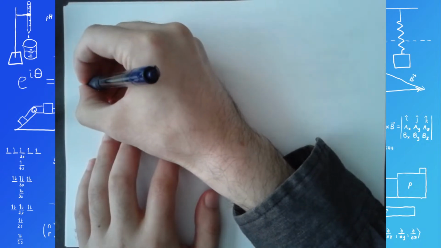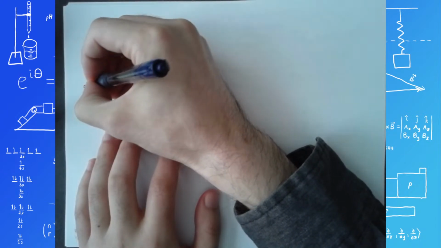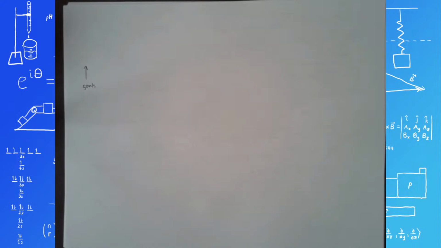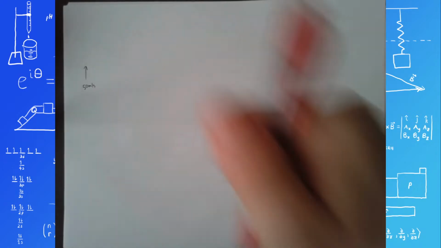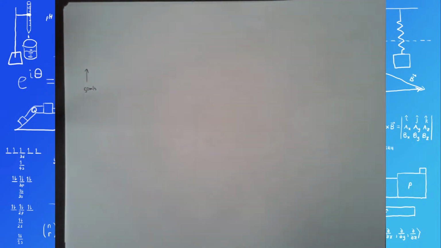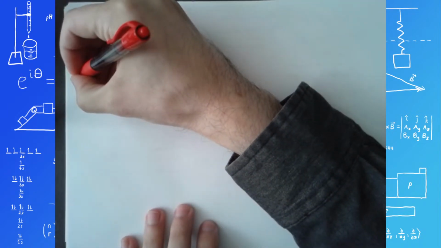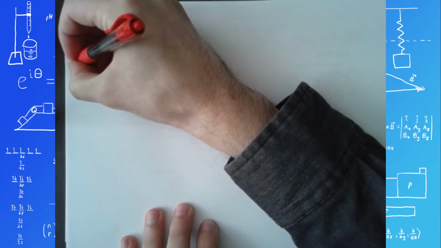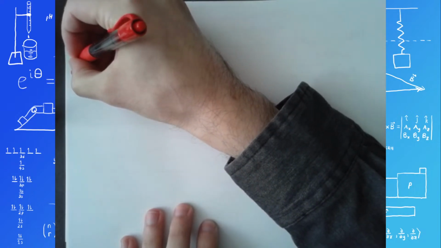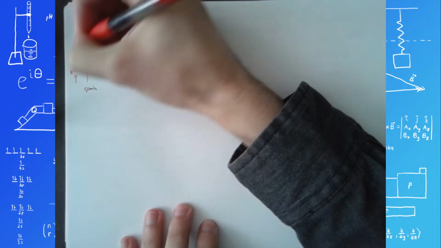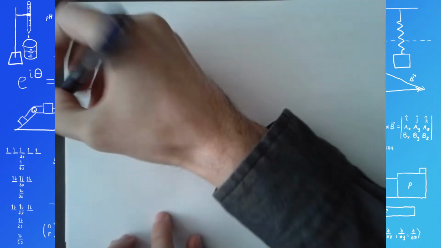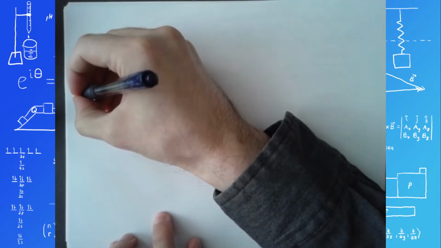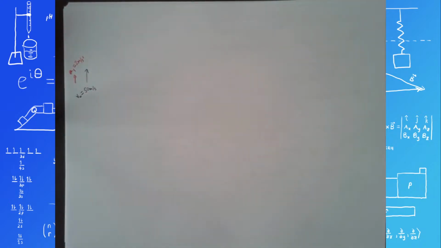So launched at 50 meters per second with an acceleration. I guess I will do that in red. With an acceleration, I will call this A1 of 2 meters per second squared. Let's call this V0. I want to split this into 3 different segments of motion.